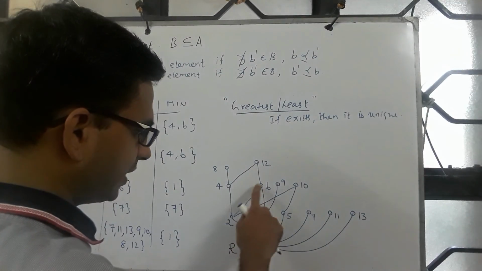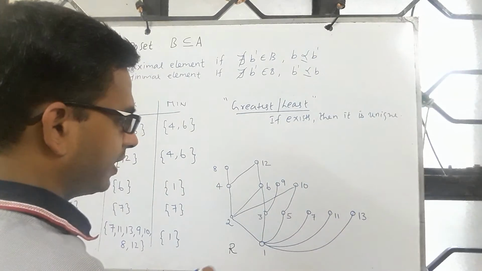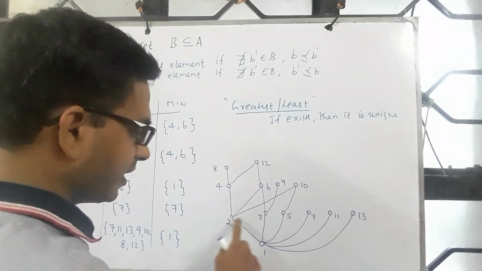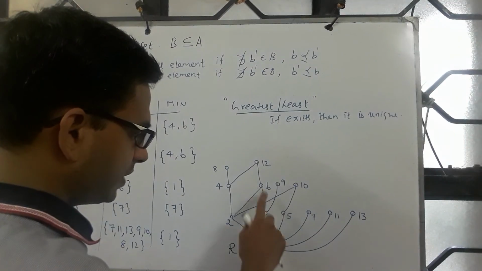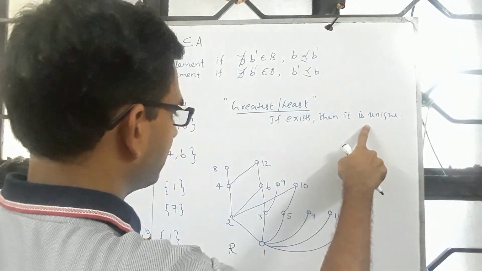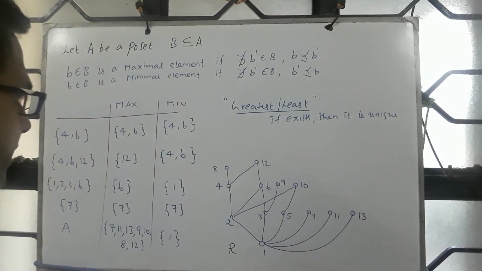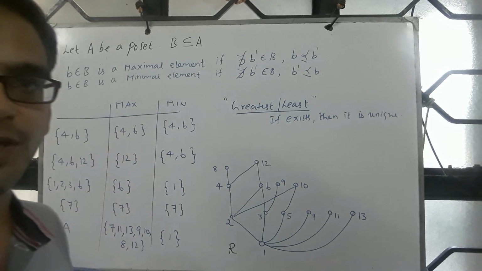When we looked at {2, 3, 6}, we saw that 6 was greatest, and there was no least element. When I looked at {1, 2, 3, 6}, least was this. So if it exists, it is unique, and so exactly one element you see. Whereas maximal and minimal need not be unique.